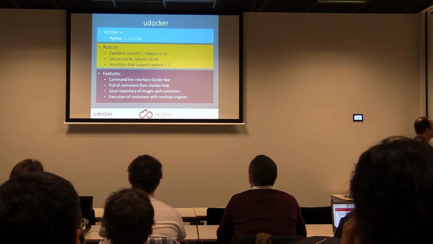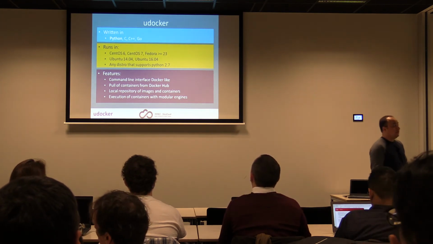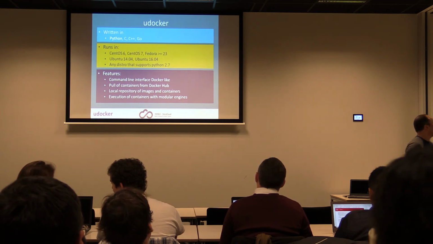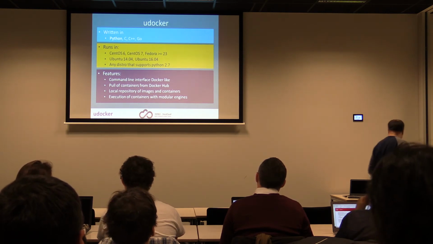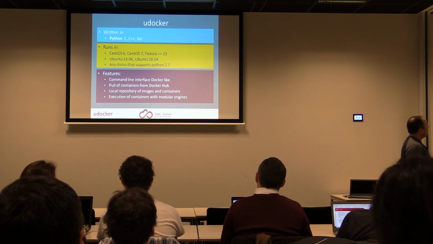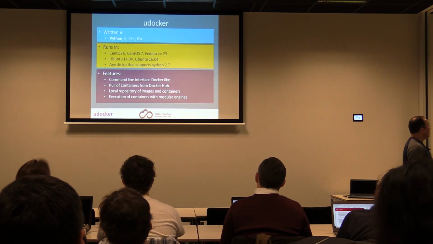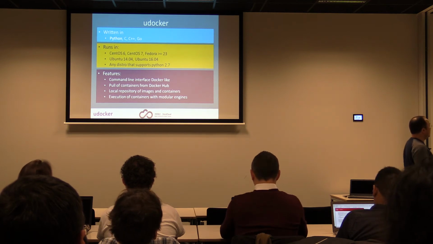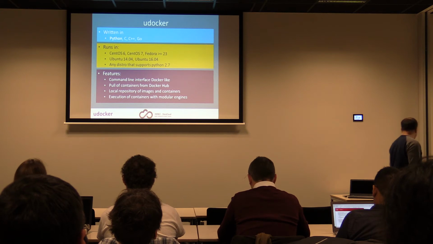So uDocker is written in Python mainly. We have some C, C++, and Go blocks inside the Python file. It runs on CentOS 6 and 7. At least we have tried these ones. It works well, or on any distro with Python 2.7.